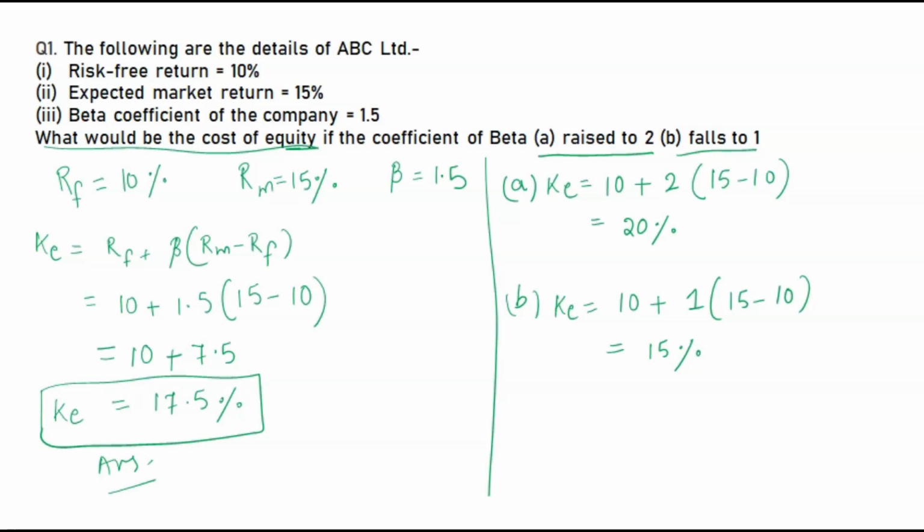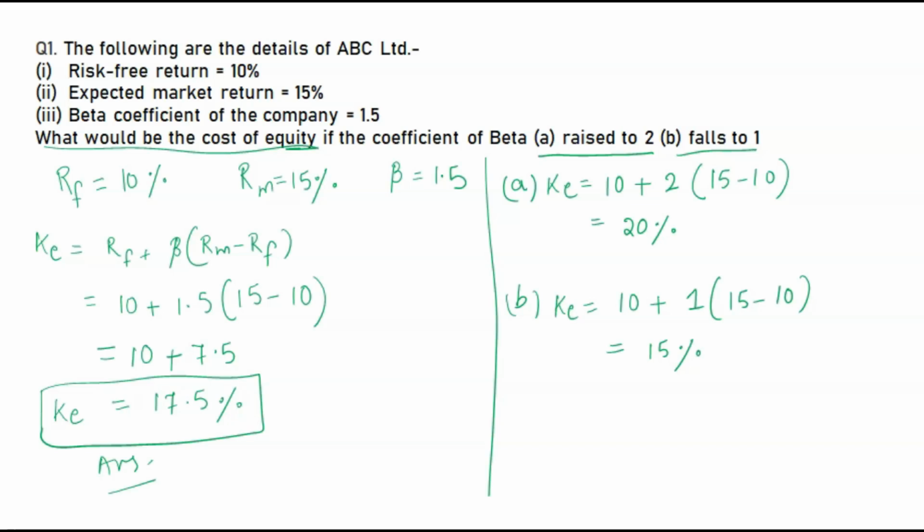Okay, all three things were given in the question: risk free return, that is RF, market return, that is RM, and the beta coefficient, that is 1.5. First we calculated and got 17.5% as the cost of equity. This method for finding the cost of equity considers the risk factor also.